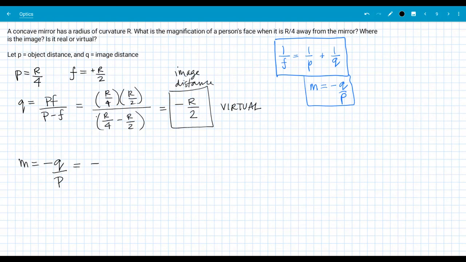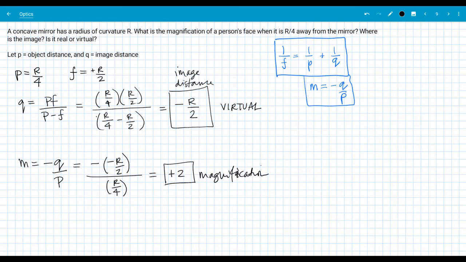So negative, and then my value for Q is negative R over 2, right? So I'll substitute that in. And that's over P. P in this problem is R over 4. And that's going to give me positive 2 as my magnification value.